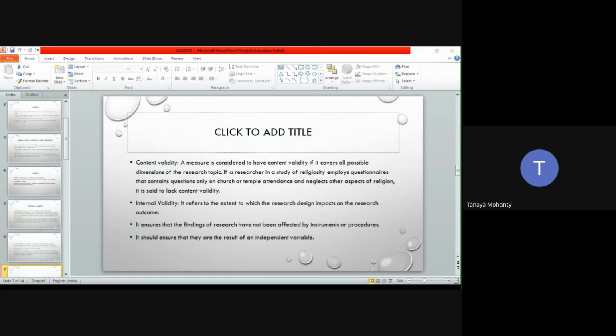So basically what happens is it was the research procedure and perhaps his instrument that was affecting the entire research finding.